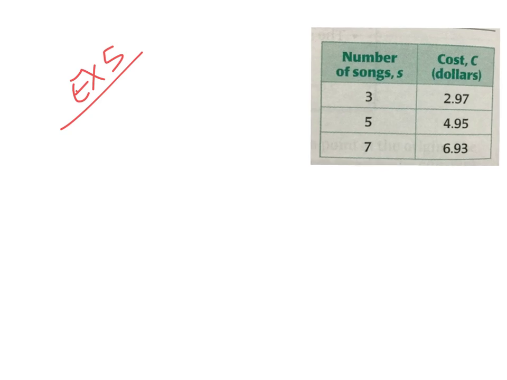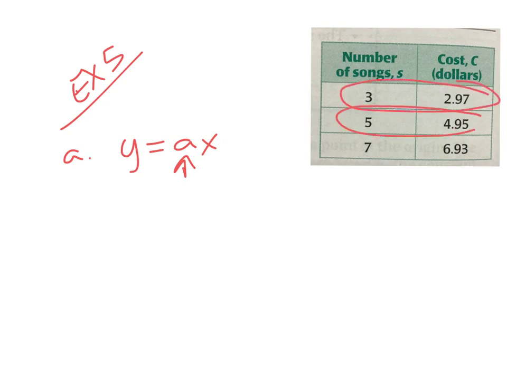The table shows the cost, C, of downloading S songs at an internet music site. So the first thing they want you to do is to explain why C varies directly with S. Okay, so first we need to create our equation, the y equals ax. To do that, we find the slope. To find the slope, we just use these as 2 points.